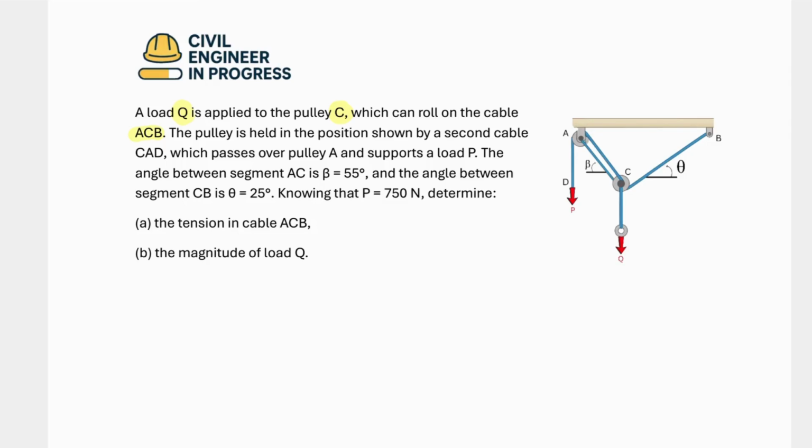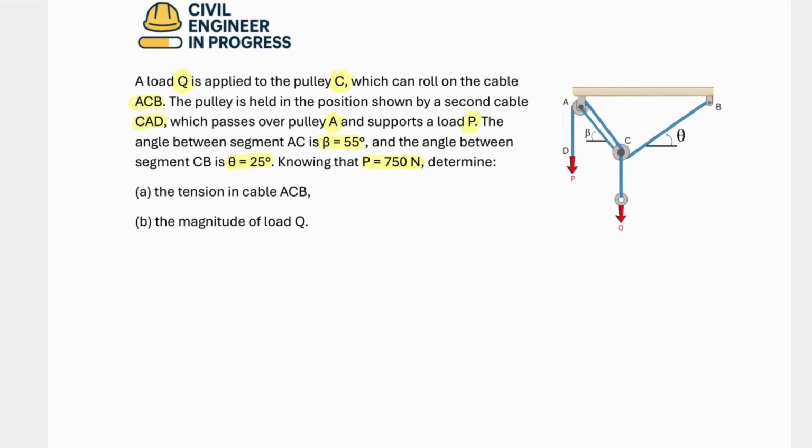The pulley is held in the positions shown by a second cable CAD, which passes over pulley A and supports a load P. The angle between segment AC is beta 55 degrees and the angle between segment CB is theta 25 degrees. So knowing that P equals 750 newtons, we're gonna determine two things: the tension in cable ACB and the magnitude of load Q.